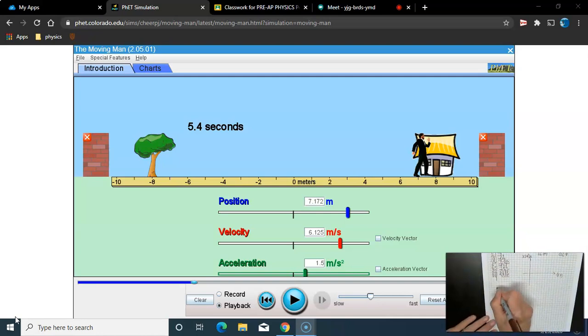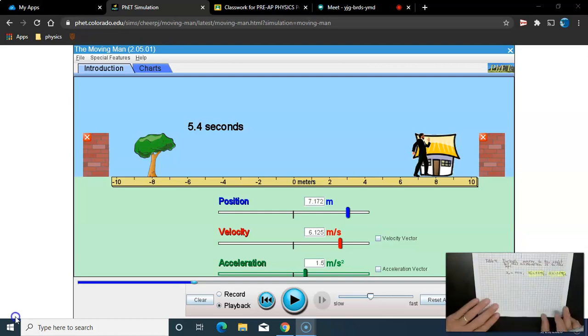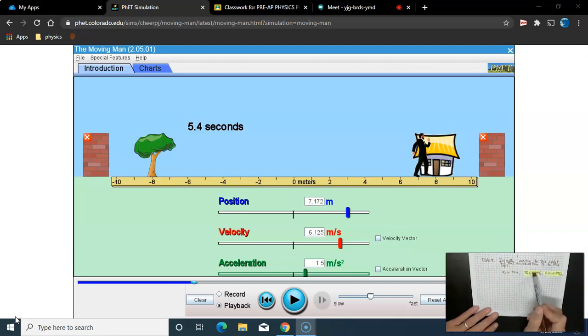Okay, the last table of the lab, table 4. This one you will do on your own. Now the guy is initially moving to the right from position 4 meters, but the acceleration is to the left, and you're going to get position and time data. Okay, initial time 0 is at +4, and this table and this graph, you're going to do on your own.